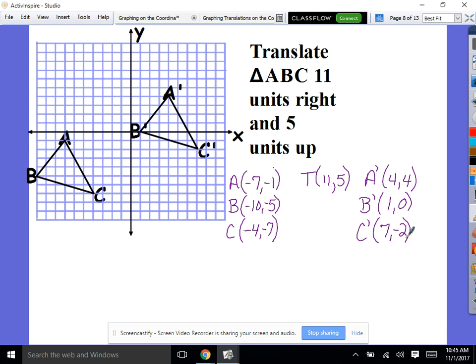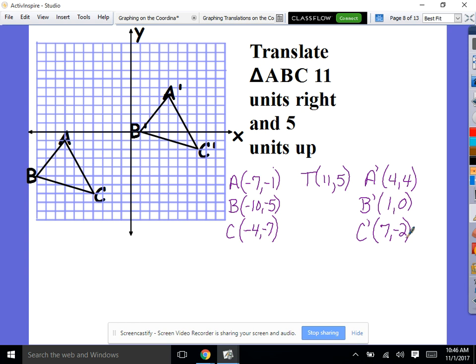I want you to take just a minute, pause your video, and see if you can make a connection between the original or pre-image coordinates, the translation, and the image coordinates.